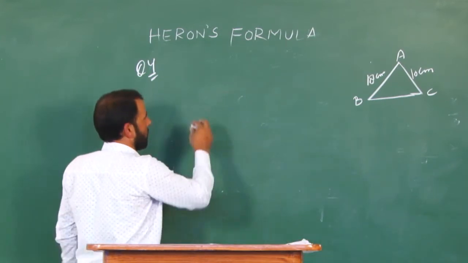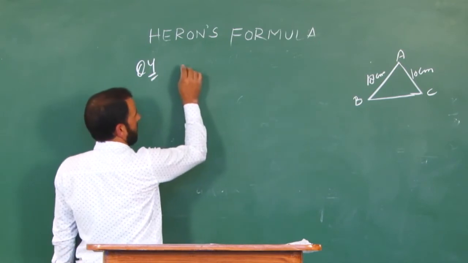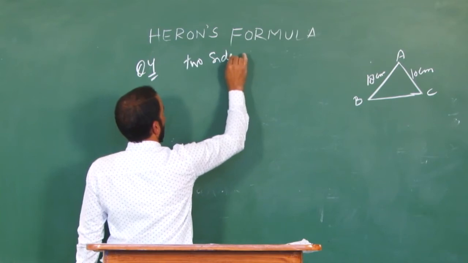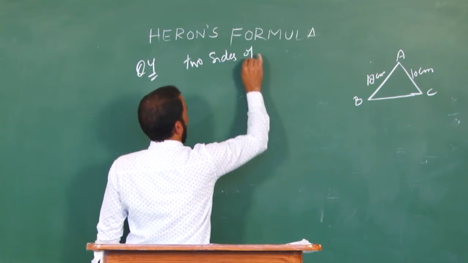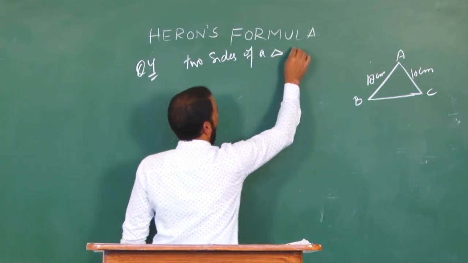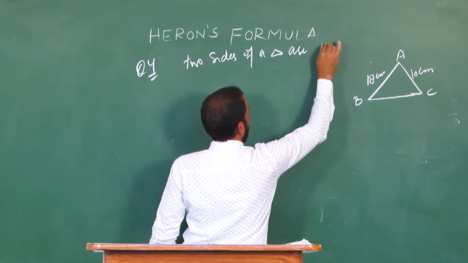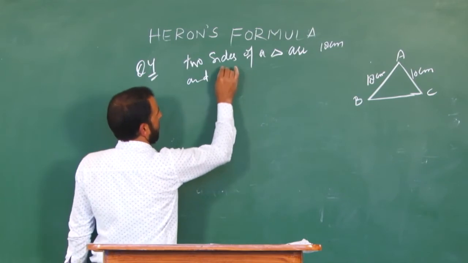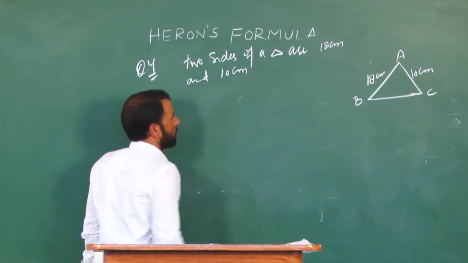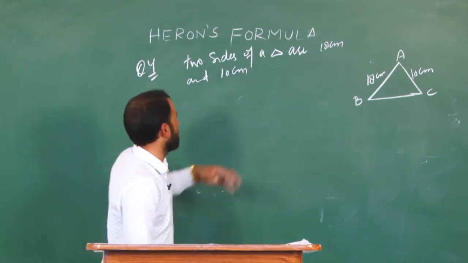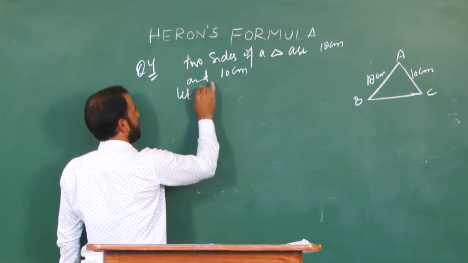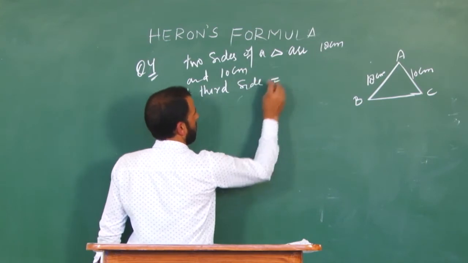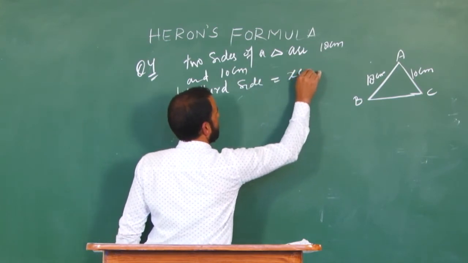We can write here for question number 4, two sides of a triangle are 18 centimeter and 10 centimeter. So first of all, we should find the third side. Let the third side be x centimeter.